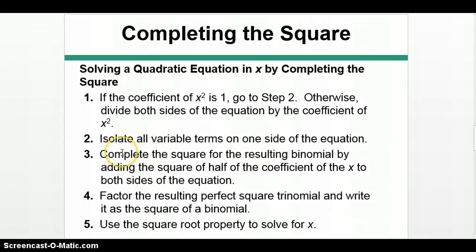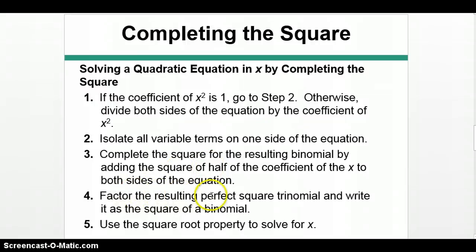Complete the square for the resulting binomial by adding the square of half of the coefficient of x. We have to take half of the coefficient of x, square it, and add it to both sides of the equation.